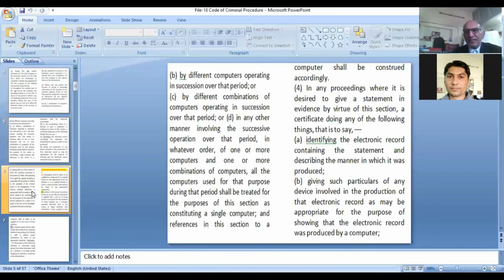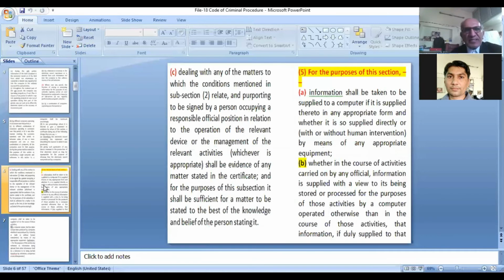The third condition being put, the restriction being put, the requirement being made specific is regarding, the certificate is also to be regarding dealing with any of the matters to which the conditions mentioned in subsection 2 state, and purporting to be signed by a person occupying a responsible official position in relation to the operation of the relevant device or the management of the relevant activities, whichever is appropriate, shall be evidence of any matter stated in the certificate.